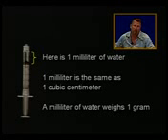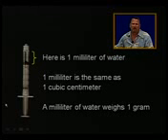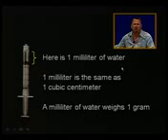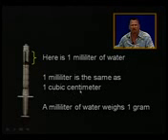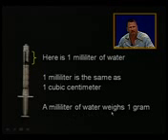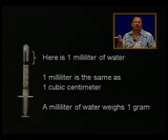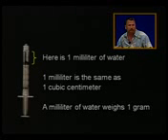Volume and length are related to each other, and we're going to show you that. But right off the board, I wanted you to know that 1 milliliter of water is the same thing as 1 cubic centimeter, and a milliliter of water weighs 1 gram. And if you did that 1,000 times, then you would end up with 1 liter of water.